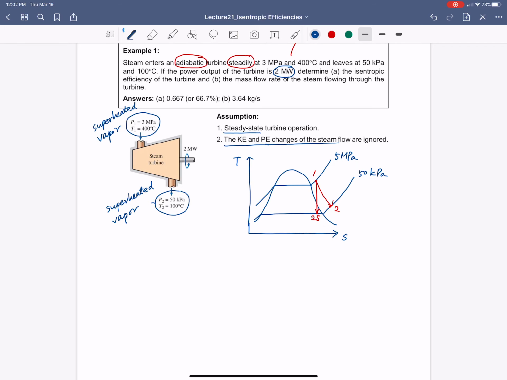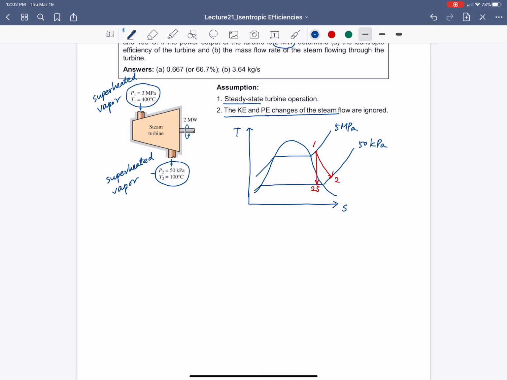Now, based on these given conditions, let's calculate the turbine efficiency, eta T, which is defined as H1 minus H2, which is the actual turbine work, divided by H1 minus H2S.